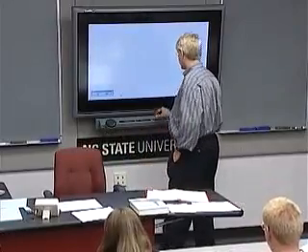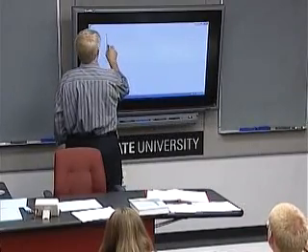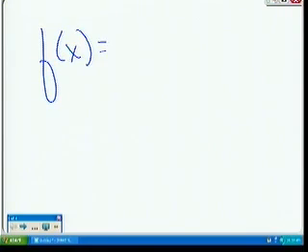We are going to finish 3.1, so we have started derivatives by the shortcut. Our function today is a to the x.